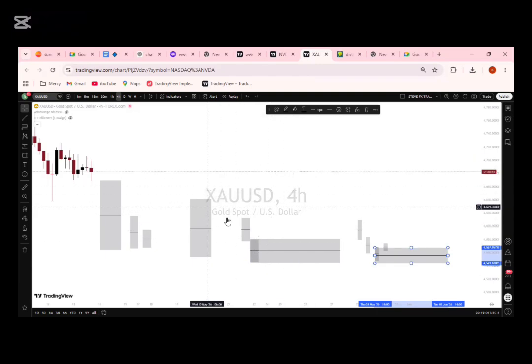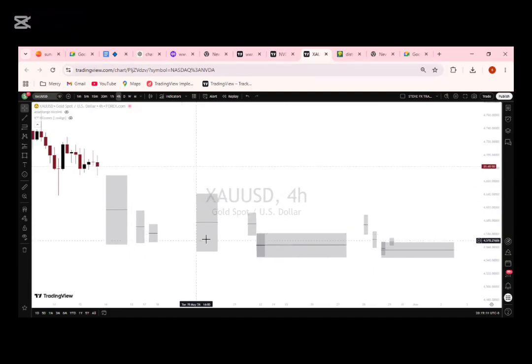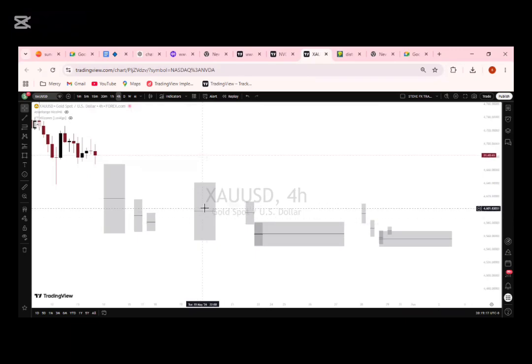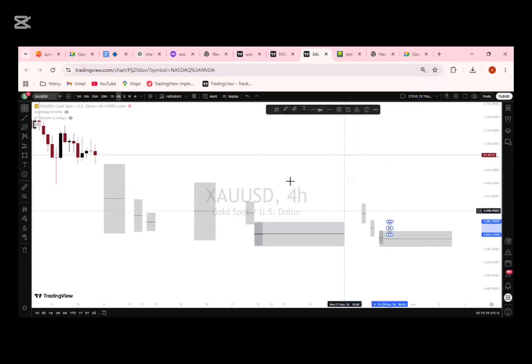You simply go down to a lower time frame, and the higher time frame becomes your point of interest. So instead of using the 4 hour higher time frame order block, you just need to scale down to a lower time frame to identify a more precise zone where institutions are likely to be trading from.